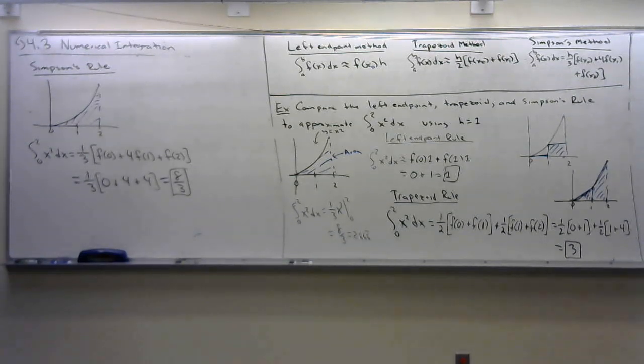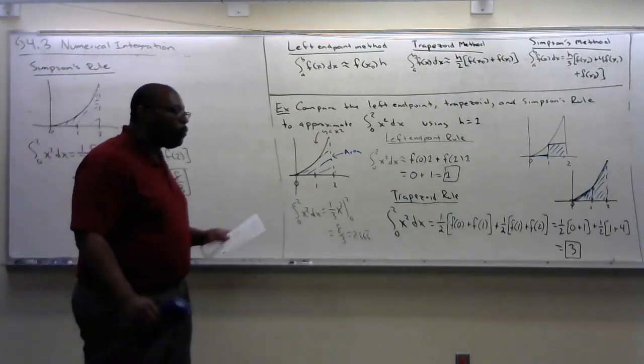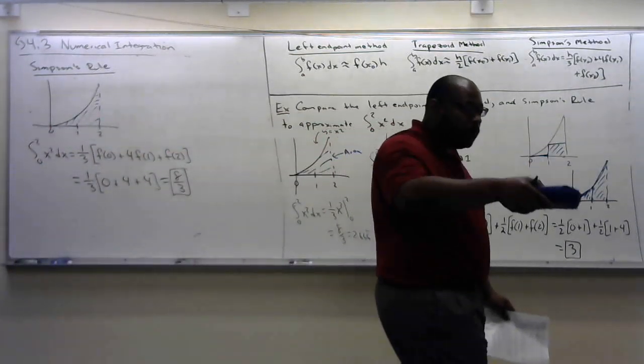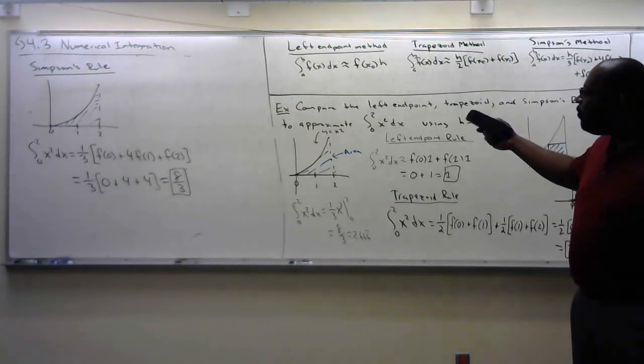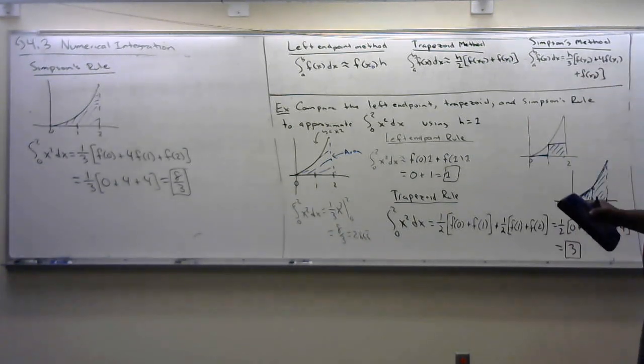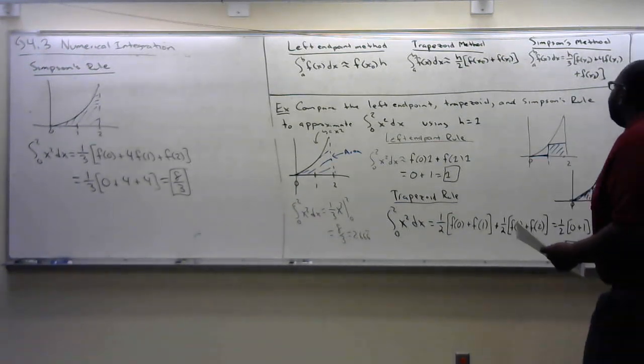Okay, so let's look at something else here. We have the 0-degree polynomial, the 1st-degree polynomial, and the 2nd-degree polynomial. That's how we got the left endpoint method, trapezoid method, and Simpson's method. We can actually extend this idea.